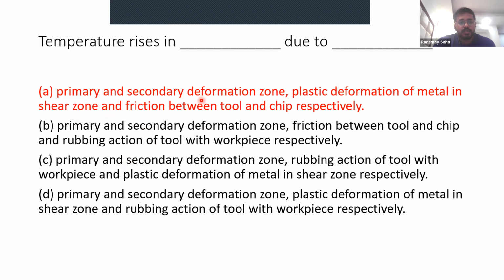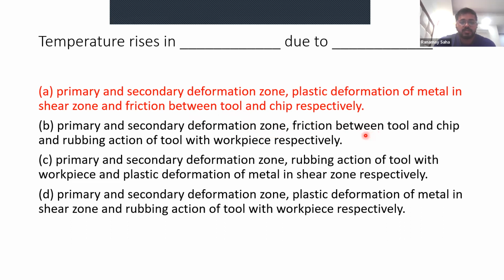So obviously, this can be considered. Now, the second option says primary and secondary deformation zone and friction between tool and chip and rubbing action of tool with workpiece. Okay, so that is not right, because primary deformation zone is not between tool and chip, rather it is between the tool and the workpiece at the shear zone, right? So option B is not right.